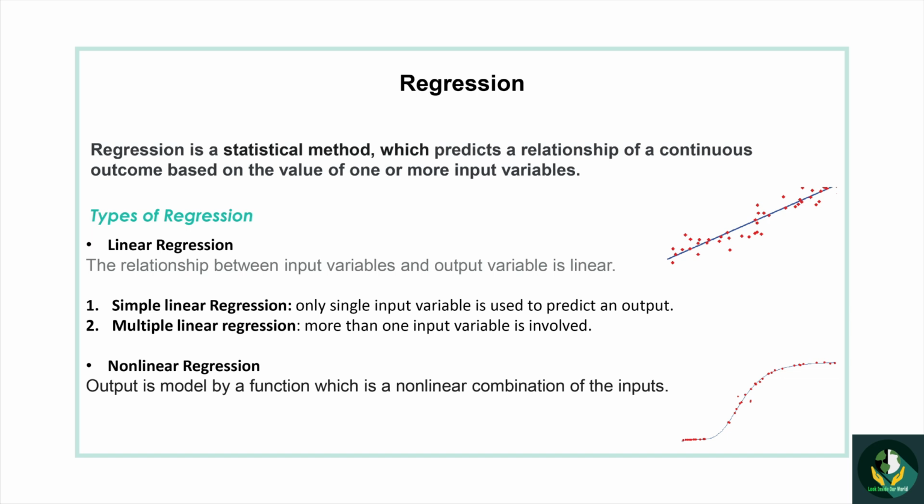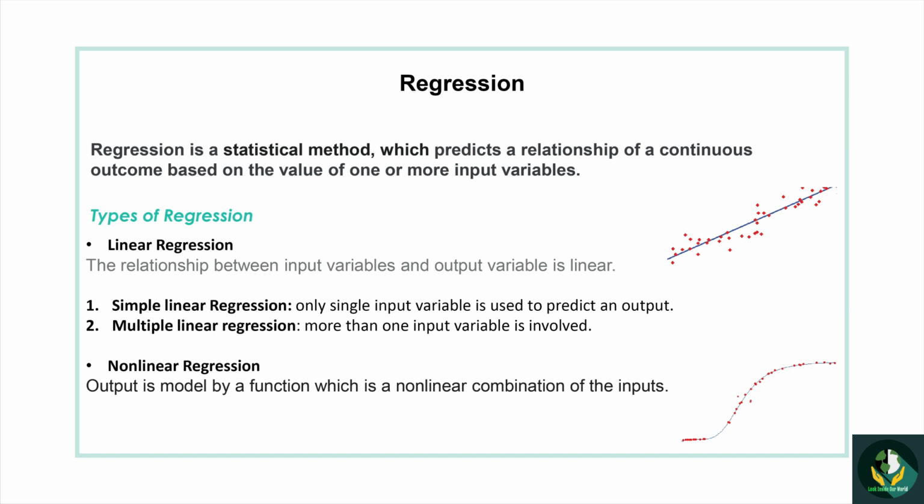Regression can be divided into two types. One is linear regression and the other is non-linear regression. In linear regression, the relationship between input variables and the output variable is linear. In other words, an equation of a line can define the relationship between input and output. Now, keep in mind that linear regression can be further divided into, number 1, simple linear regression, and number 2, multiple linear regression.